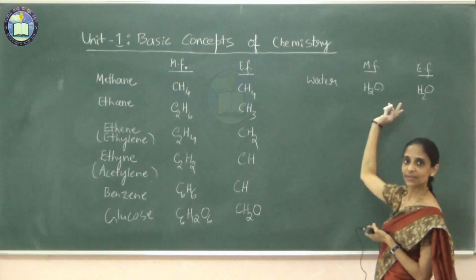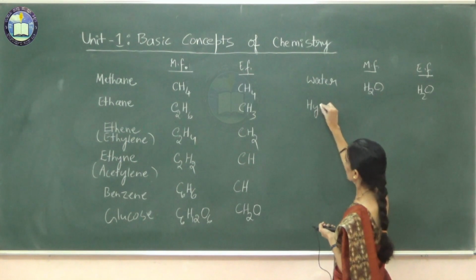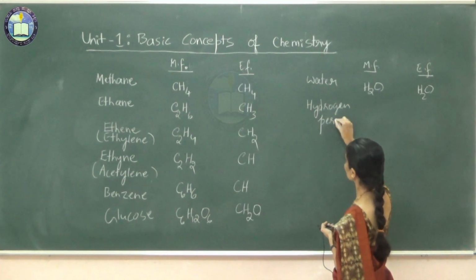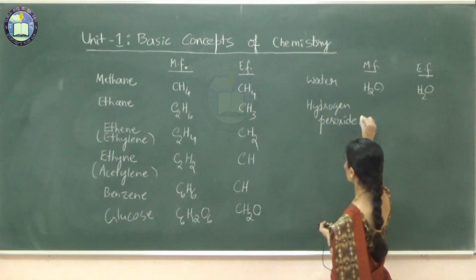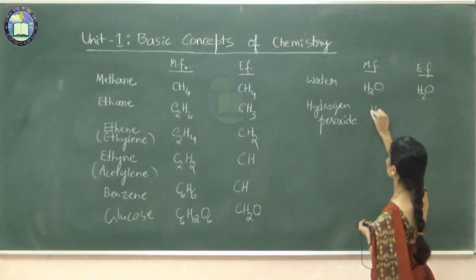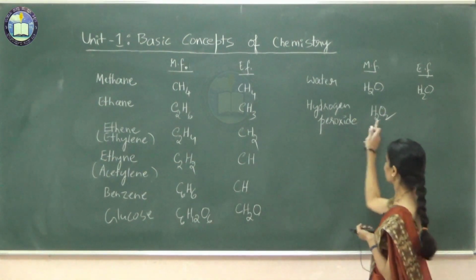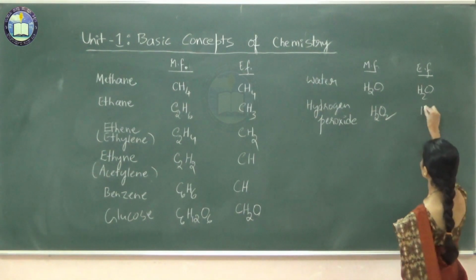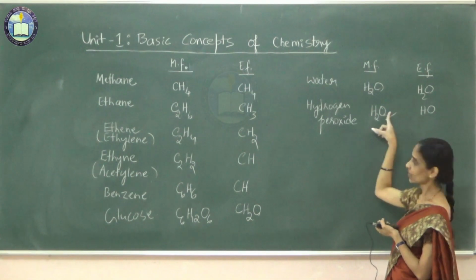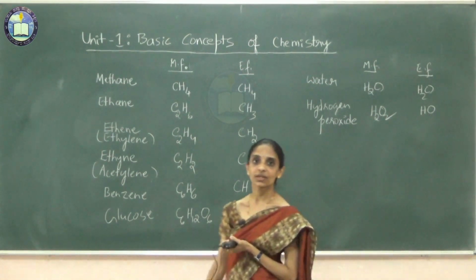No further simplification possible. Hydrogen peroxide, you saw it in the law of multiple proportions. H2O2 is its molecular formula. You can simplify it, divided by 2, you get HO as the empirical formula.